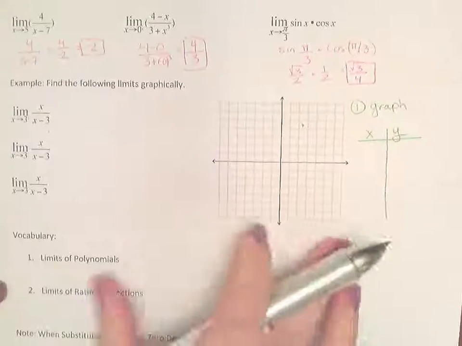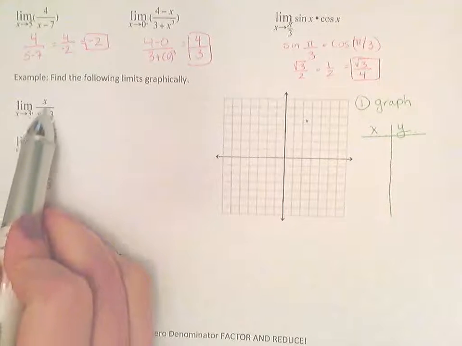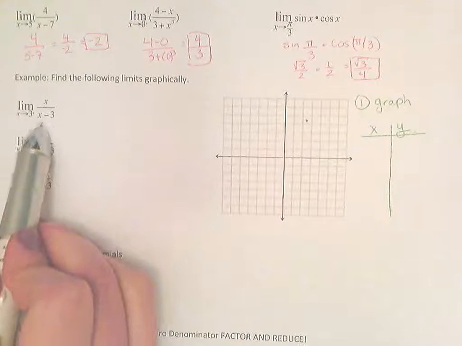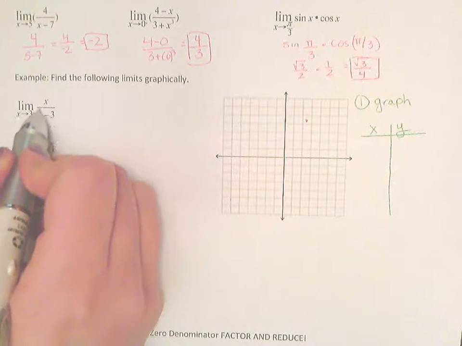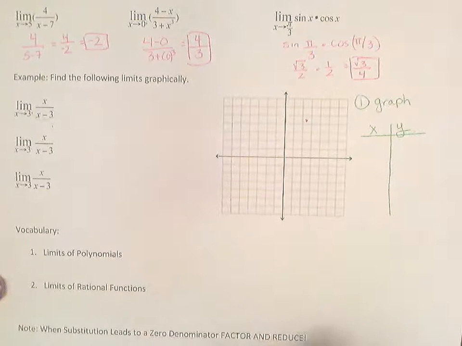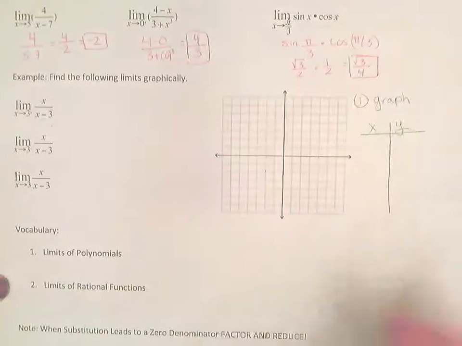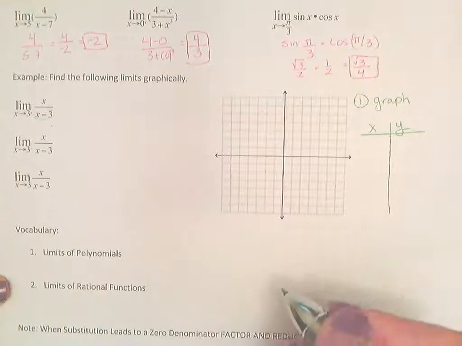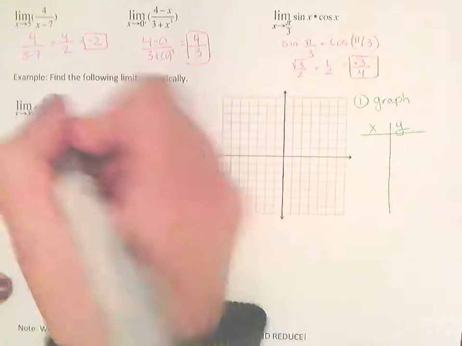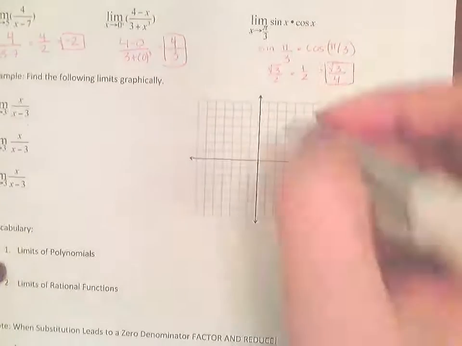Now, I hope you guys remember that when you have a rational function, the zero of the denominator tells you something extremely important about the graph. It tells you that this graph has an asymptote at that zero.